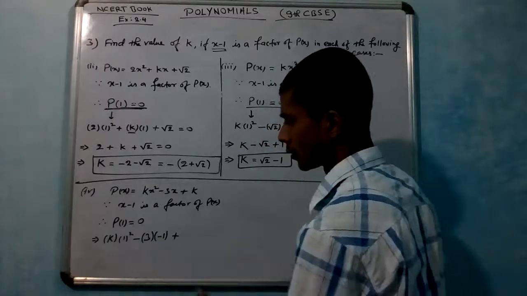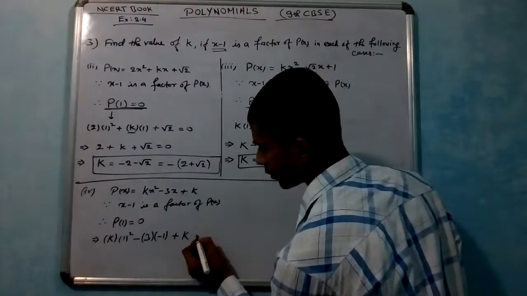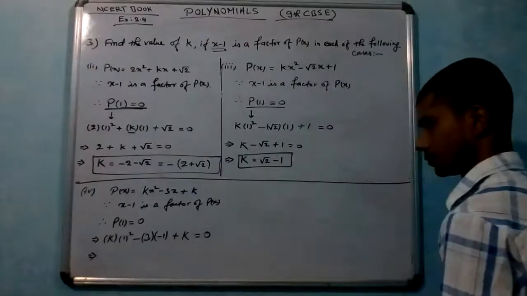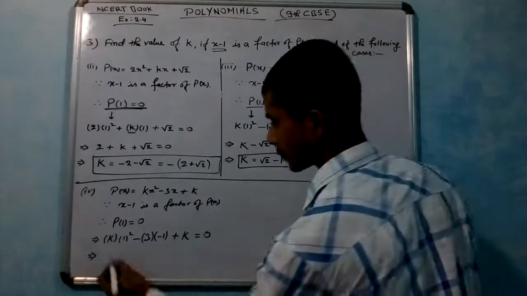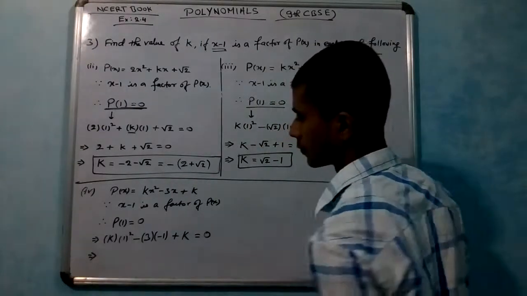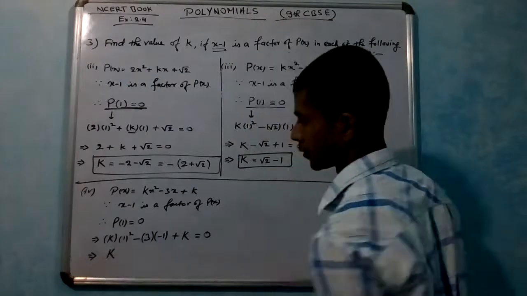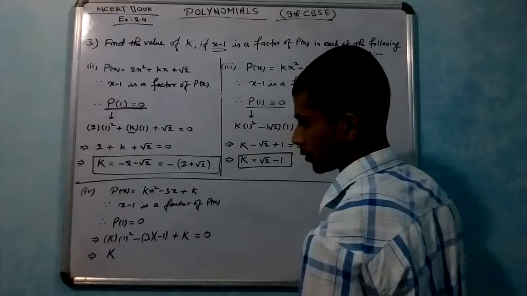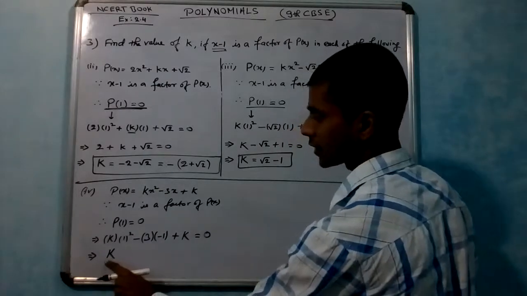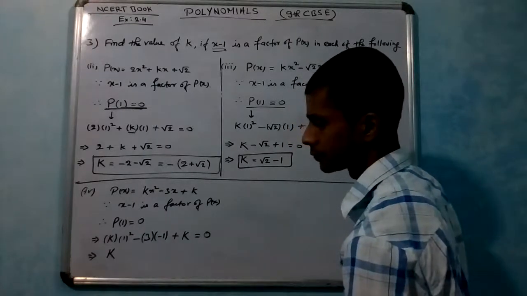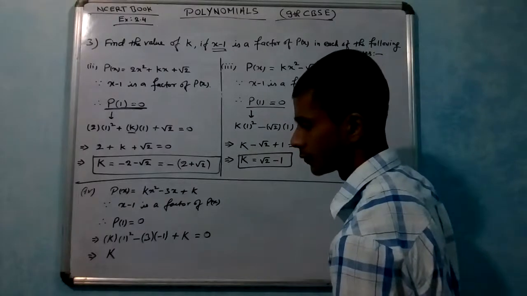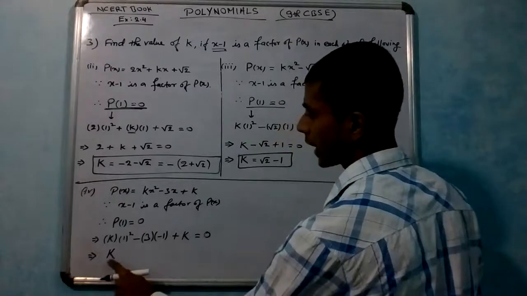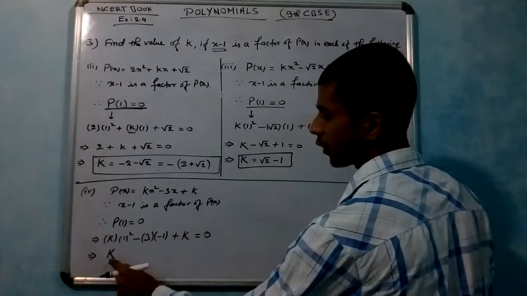Hey, plus what? Okay, next what? First one is K. What should I write next? After this K, what should I write?